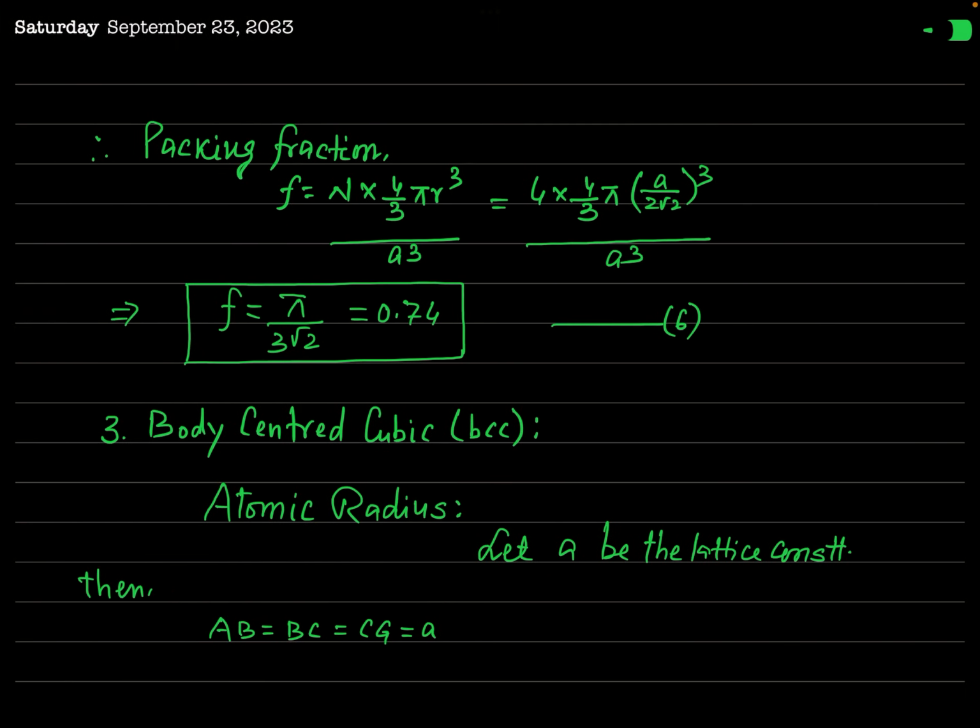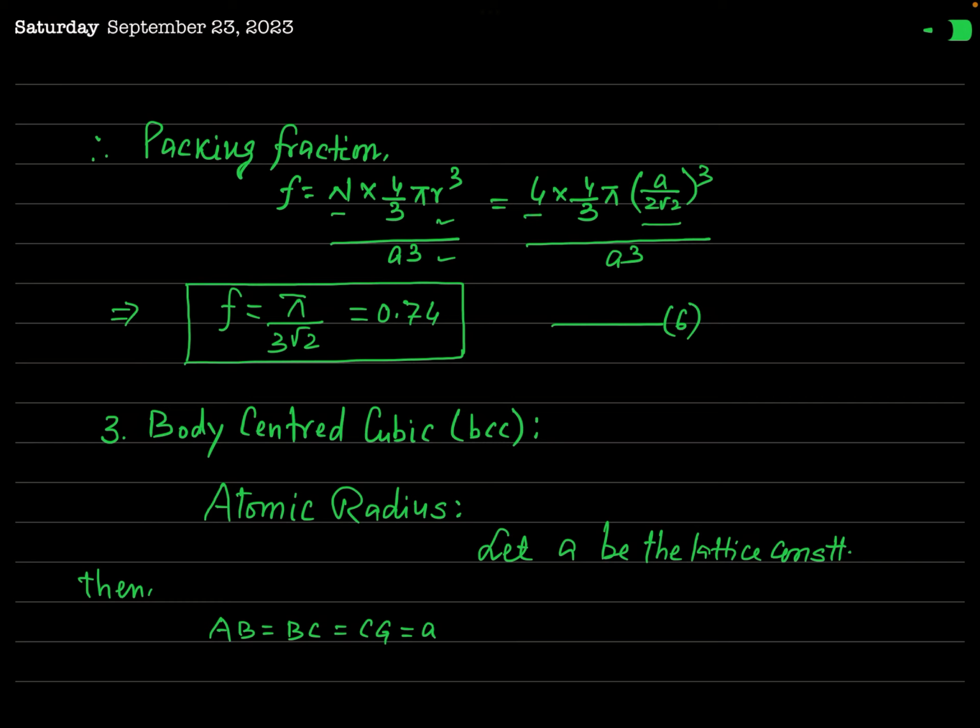Now use the formula for getting the packing fraction. This is F equal to N times 4 by 3 pi R cube divided by a cube. Now we will substitute the value of R. You have obtained that R is equal to a over 2 root 2, and N is equal to 4 in this case.